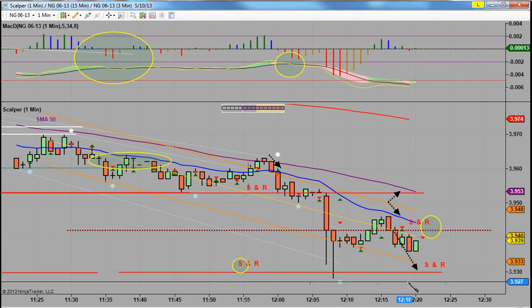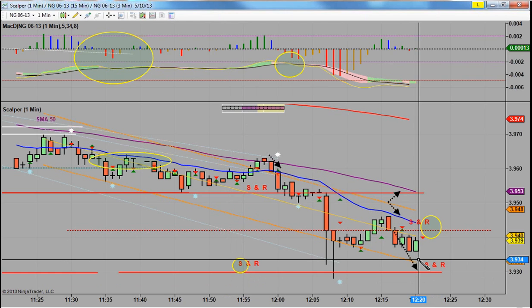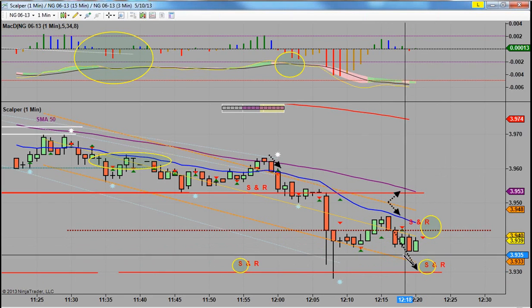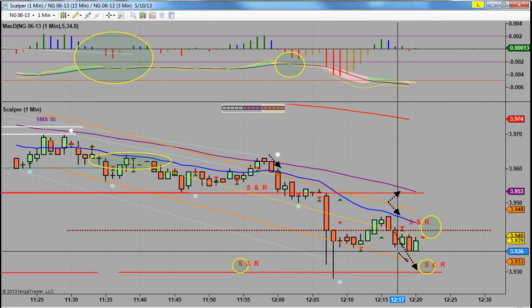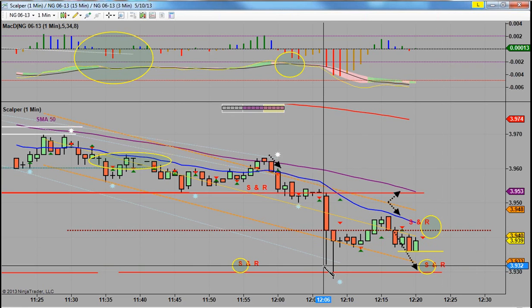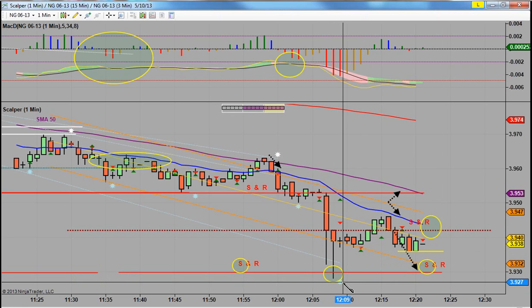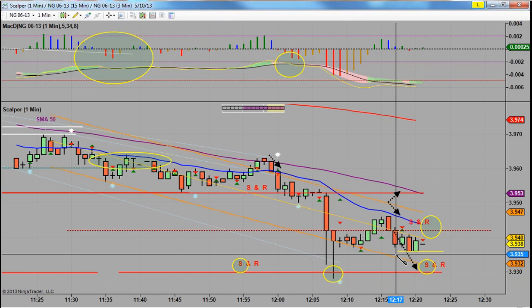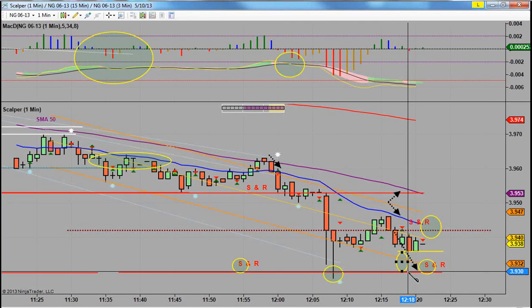Just say price does not go all the way to this line. Say it stops right where it is. Well, I'd look at this and I'd say this is support, maybe only momentary, but I'd also say that this is support if it stopped right there.